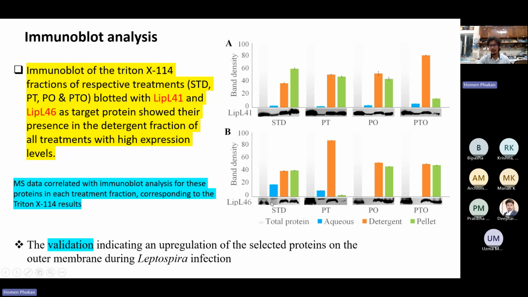After the normalization process, it gave proper results that this protein is expressed comparatively higher than in the other physiological treatments. But it is mostly significant at physiological temperature, as you can see. So this is the answer.